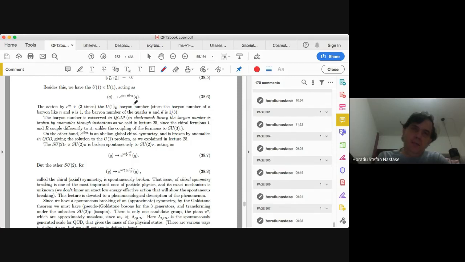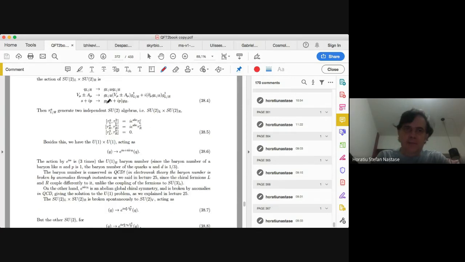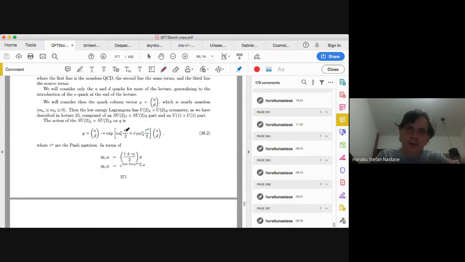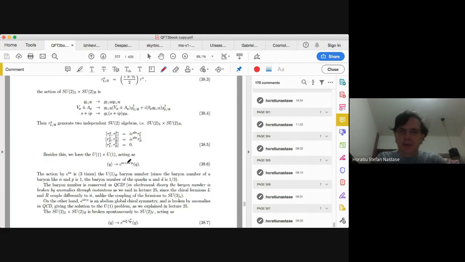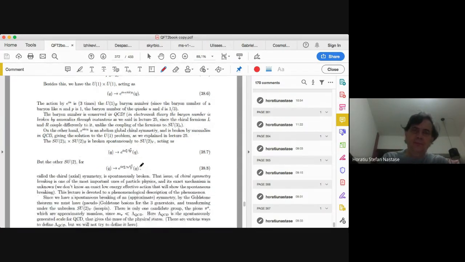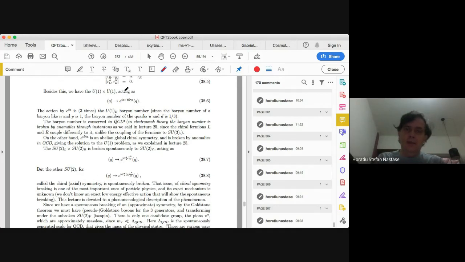But there's also the U1 part, which of course acts similarly. So we had the action here with generator tau A over 2 for SU2, but now we have generator 1 for U1, right? So I have Q going to e to the i alpha plus i alpha tilde gamma 5 Q. The first part, the part without gamma 5, so e to the i alpha Q, just rotates this quark doublet.